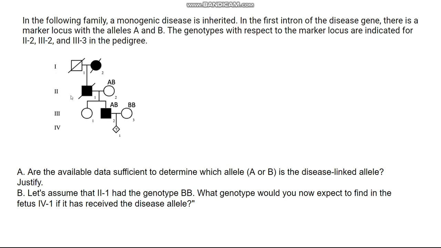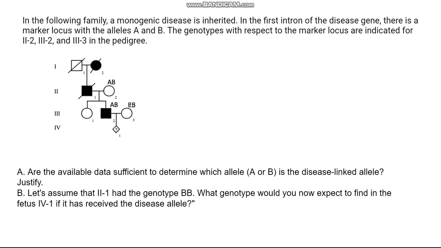Even this actually indicates autosomal dominant, but that's not really what they're asking about. This person will give a capital B to this person right here, and so we know he has the disease allele. So the disease allele could only be capital B. This person has definitely received capital B. And this mother has two capital B's in her genotype.